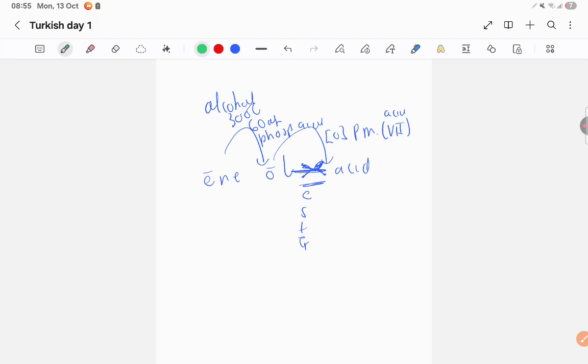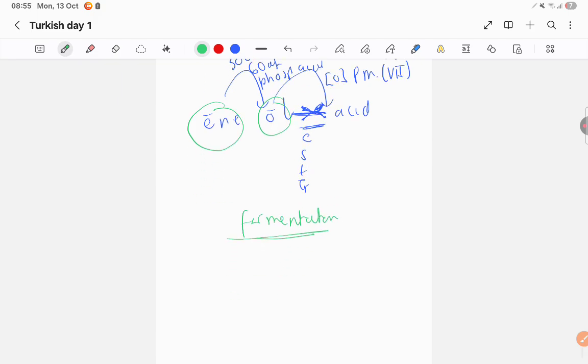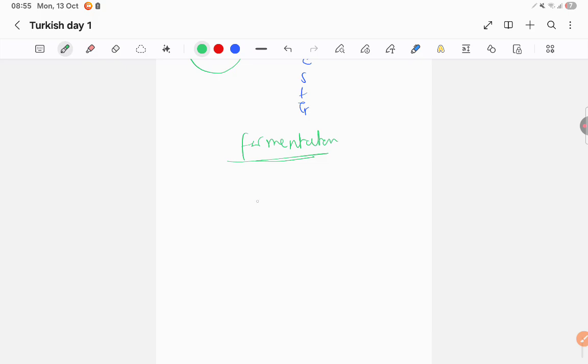Now, the other way of making an alcohol, instead of ene to ol, is fermentation. With fermentation, you need yeast as a catalyst. Yeast has the enzymes that catalyze the reaction.